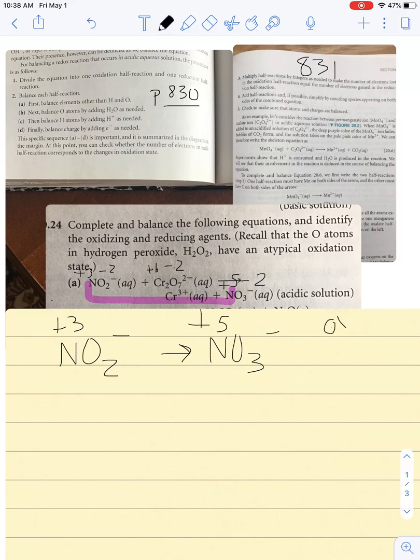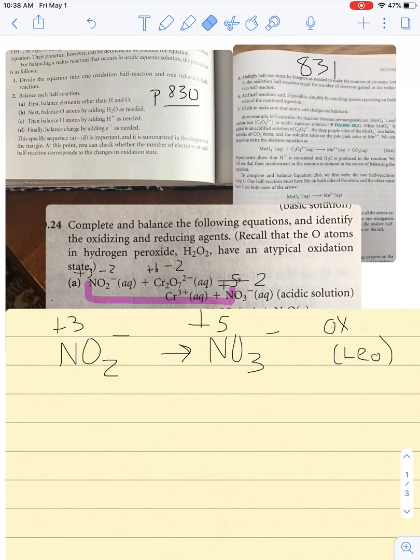So this is an oxidation half reaction, which loses electrons. We're not going to add them yet, but the loss of electrons would be on the product side. Remember, we always write plus electrons even though they're considered negative.